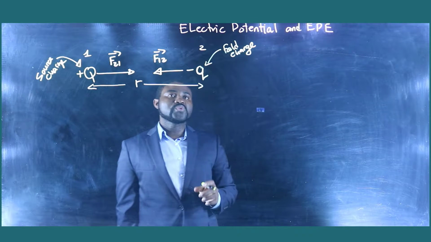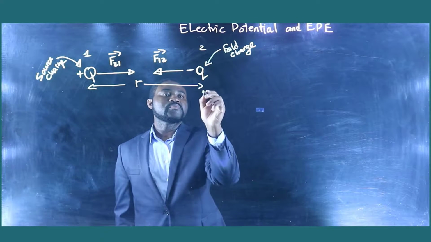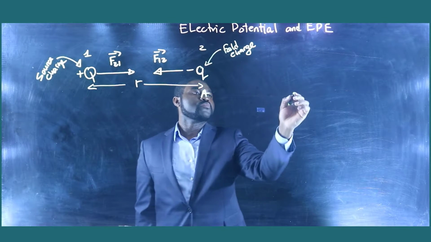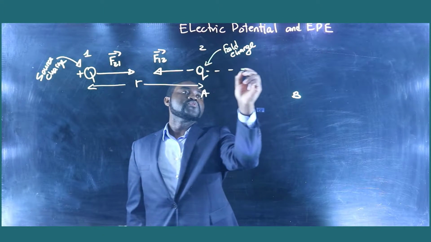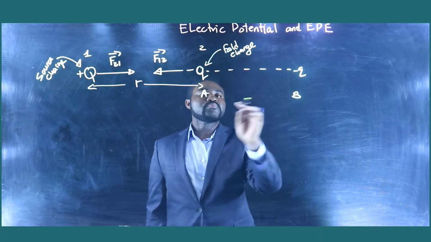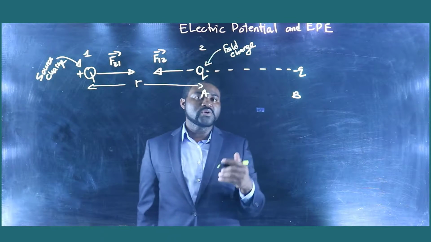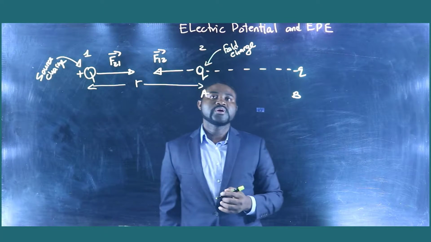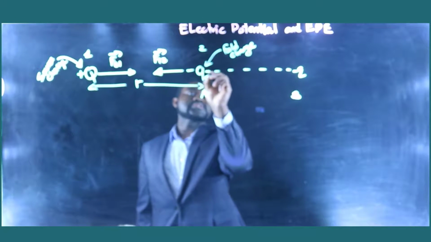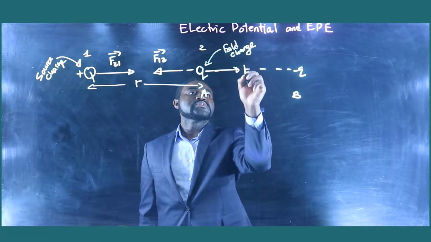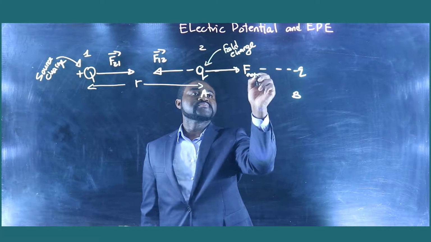Suppose that we want to move this charge from point A to point B. So we want to move charge Q from point A to point B. How will this be possible? This can only be possible if we apply an external force in this direction. So this is F external.